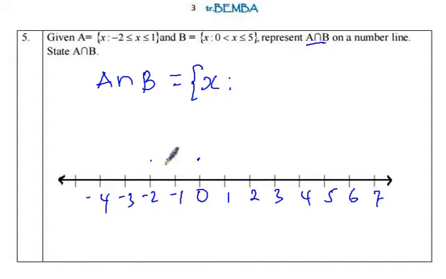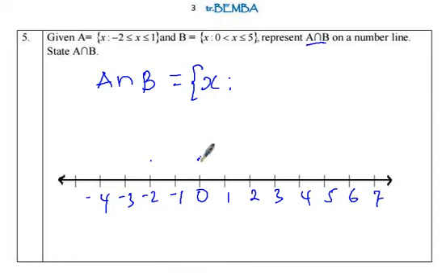Since in the second set we don't have these values, these elements of x, by the way, in this case we should not assume that they are integers. We have just been told that it is x. We don't know whether it should be only integral values. So elements that are on this side cannot be in the intersection because we don't have them in the second set B. But at least 0 is also in this first set here.